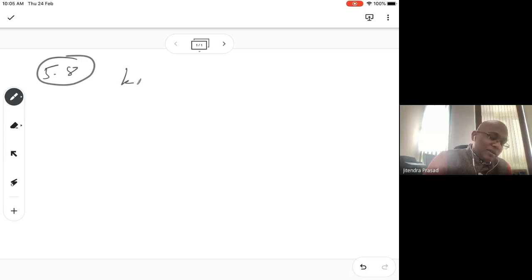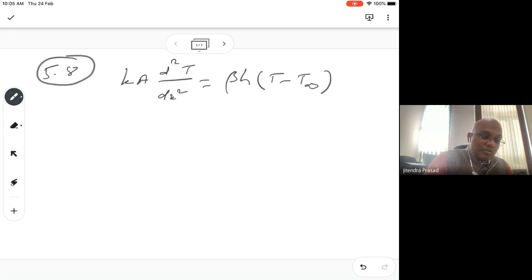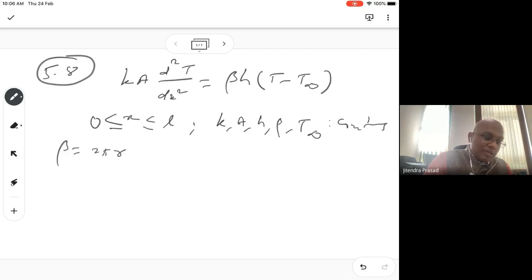We have in fact already derived this equation: Ka d square T over dx square equal to beta h (T minus T infinity) for x. Given that K, A, h, beta, T infinity are constants, and beta is given by 2 pi r, the perimeter of the fin.